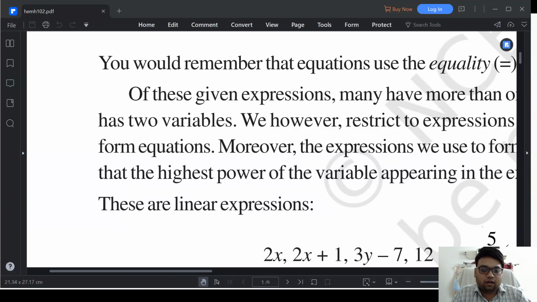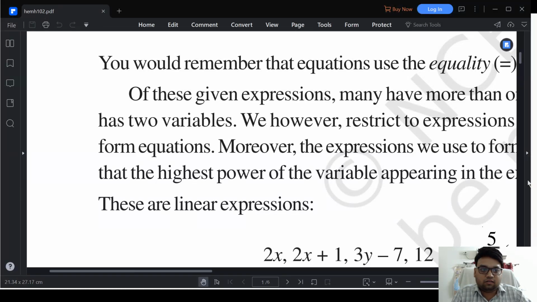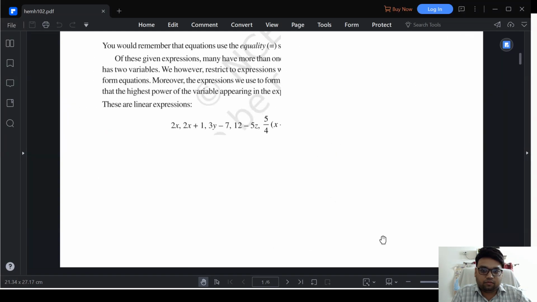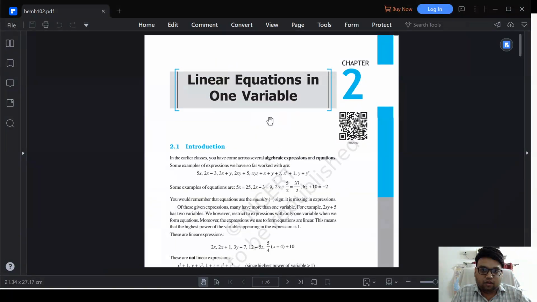Today we are continuing our class 8 mathematics class, and today we are starting a new chapter, chapter number 2 of your maths subject. This chapter is linear equation in one variable.